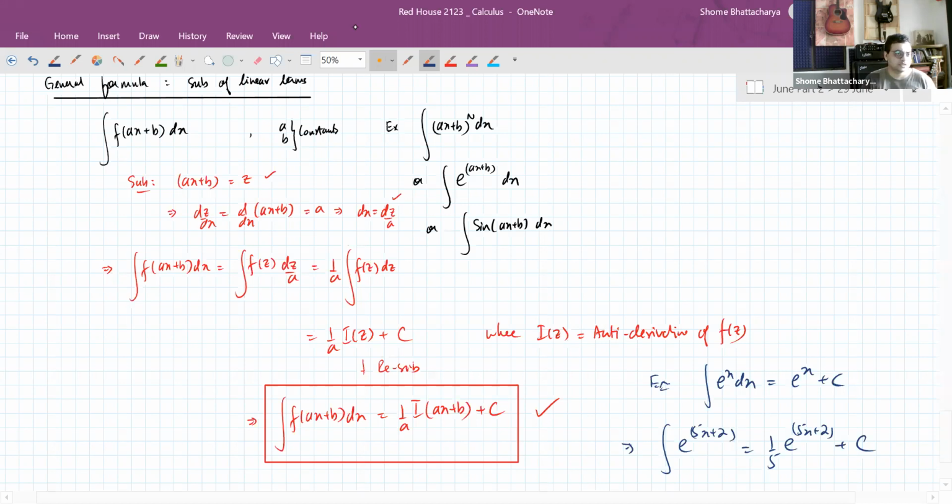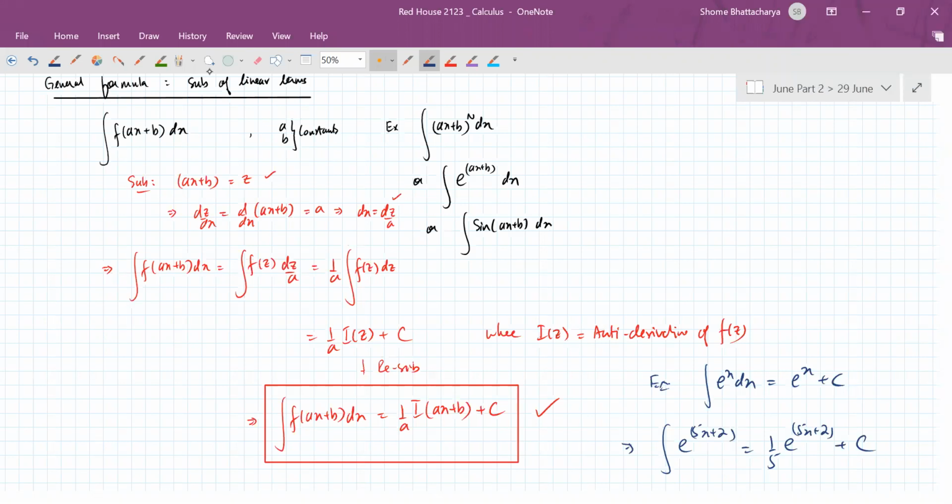So make a note of this and understand the steps that I've used in the general formula's derivation, and then we'll see some examples of application of this.